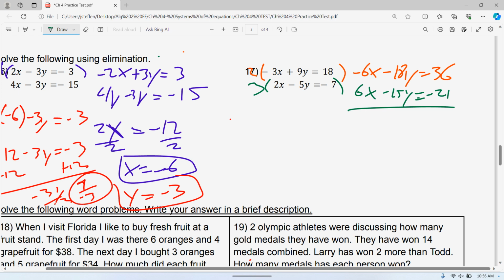Said the wrong thing, wrote the right thing. X's cancel. Positive 18 plus 15 is positive 3. 21 is 15. Y is equal to 5, and I'll plug that back in.